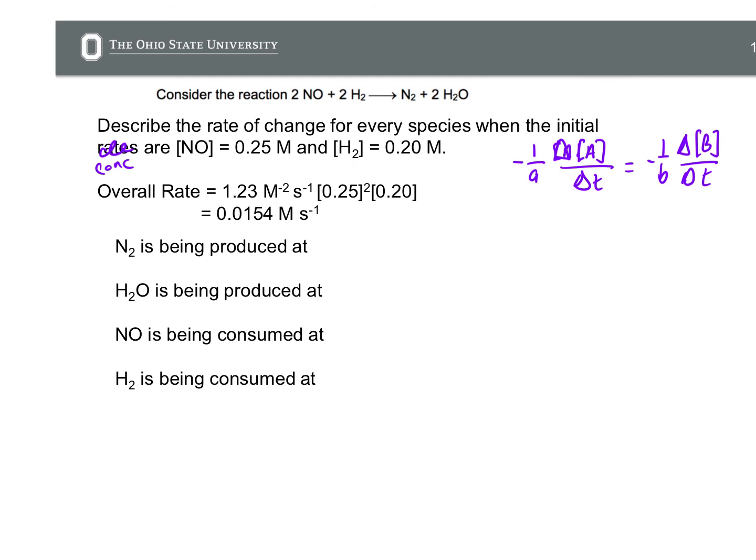That's going to be the same. It doesn't matter which experiment you picked in that data table, you're going to calculate the same rate constant. So we plug our concentrations into our rate law expression for the overall rate. I put in the 0.25, I put in the 0.2, we used our rate constant, and now we end up with a rate of 0.0154.